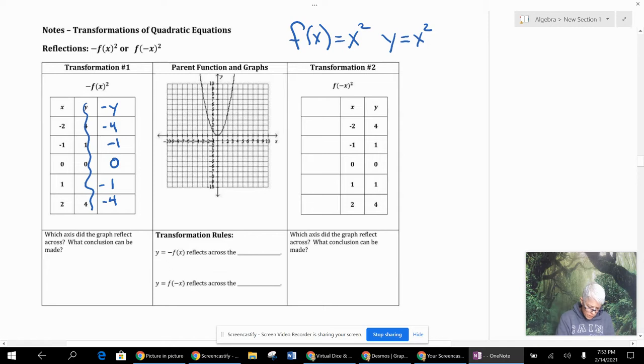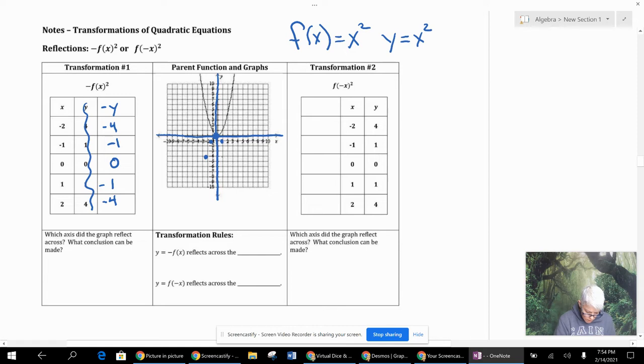So I have a -2 and a -4. Sometimes these graphs aren't the best, so I'm going to show you again. You can see right there, there's the vertex. Okay, -2, -4. Then we have a -1, -1. Then there's that dot, and then here.